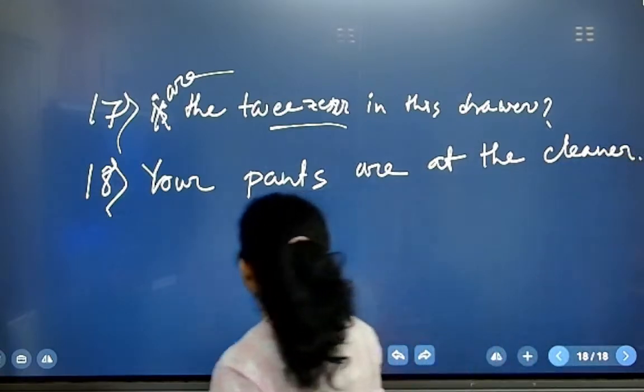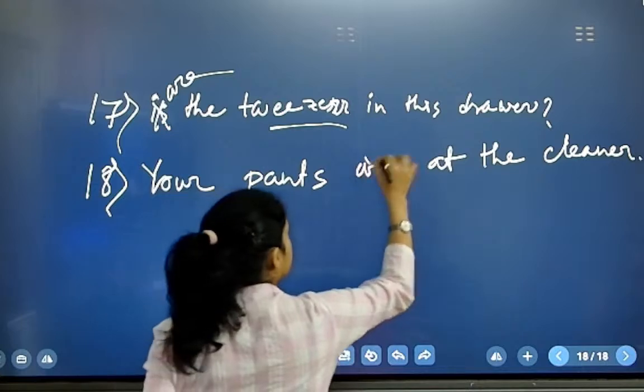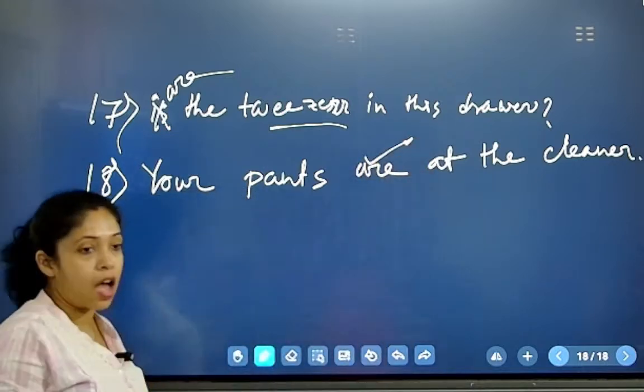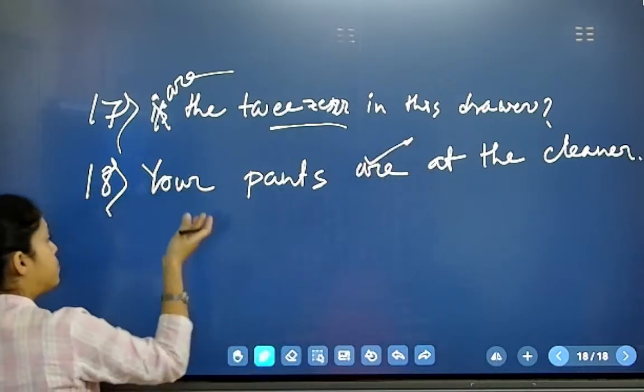Achha. Here, this is correct only. Pants are. Okay. Plural subject, plural verb.